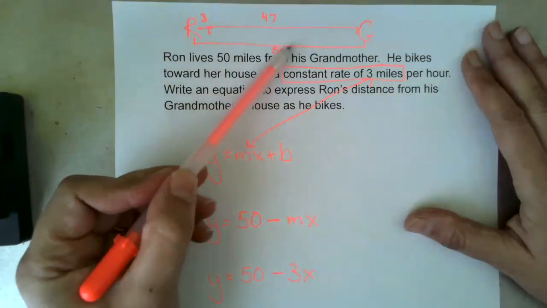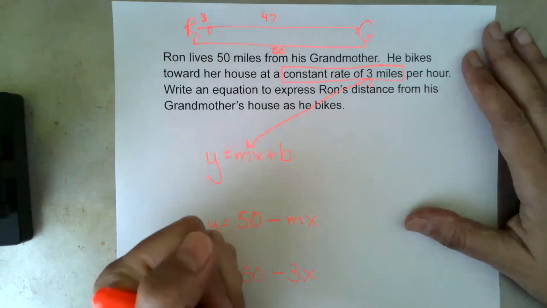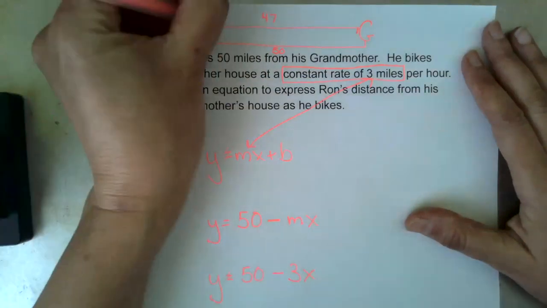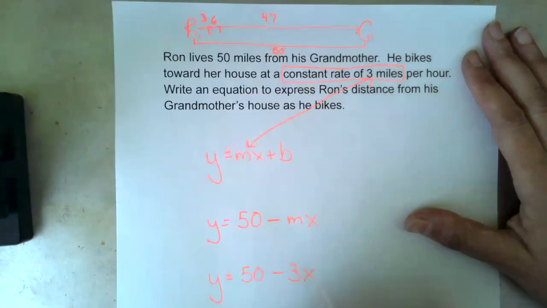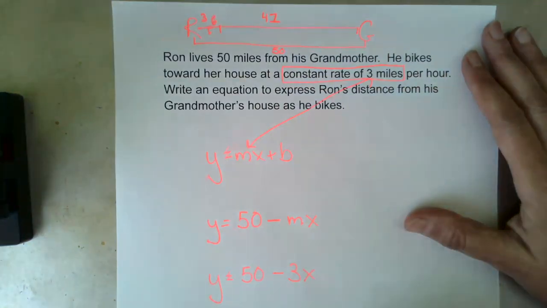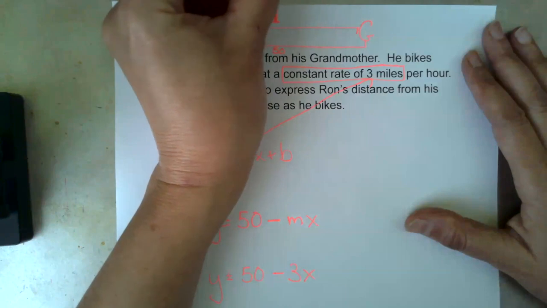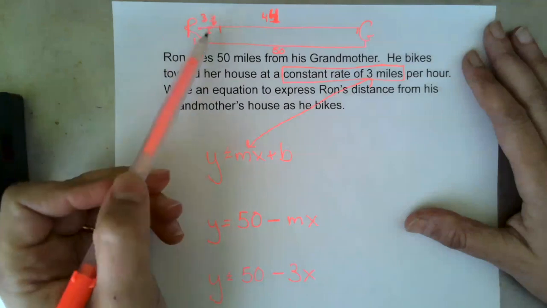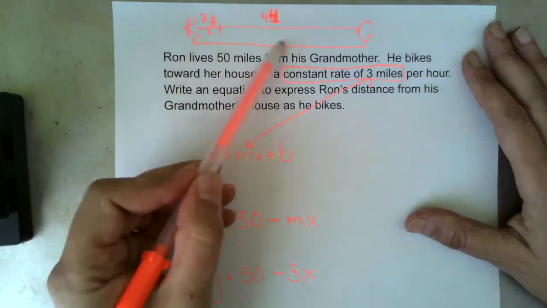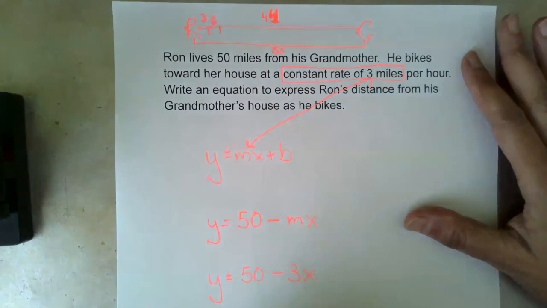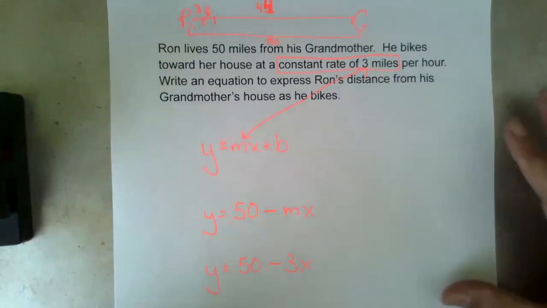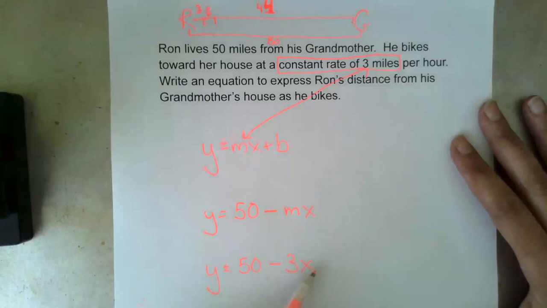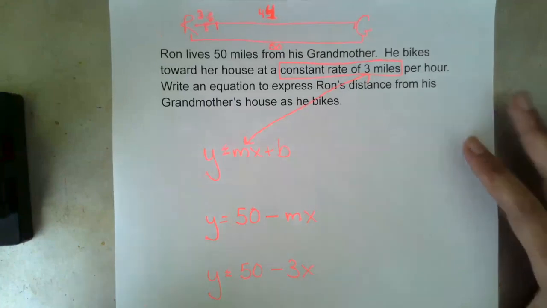Because we did 50 minus how far he traveled. After 2 hours, we know he will have traveled 6 miles. He will be 44 miles from Grandma's house. See, even tutors make mistakes. And how do we know that? Because we did 50 miles minus the amount he traveled. And so then if we want to do that after he's traveled x hours times 3 miles per hour, that's our 50 minus 3x.